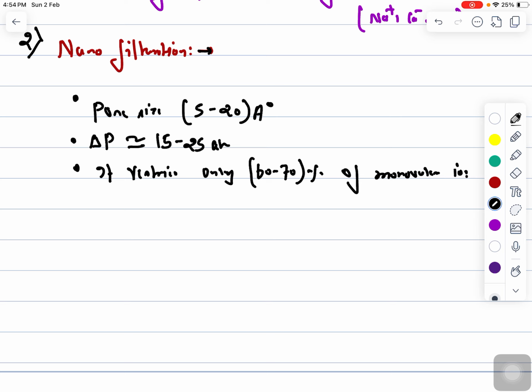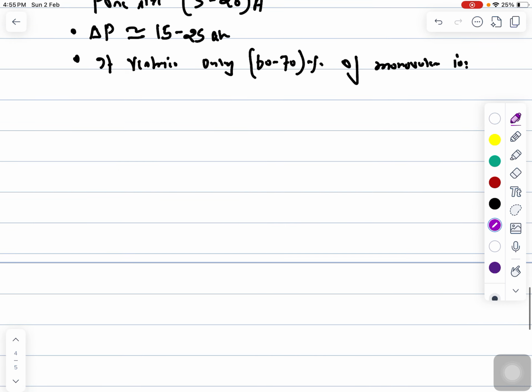Due to this reason, if we compare reverse osmosis and nanofiltration for monovalent ions, reverse osmosis will restrict 99% of the monovalent ions, but nanofiltration is going to restrict only 60 to 70%.